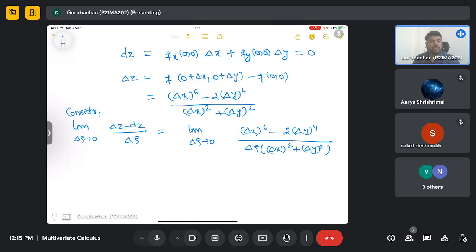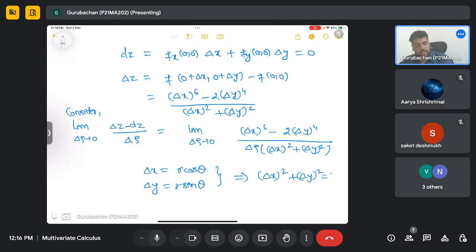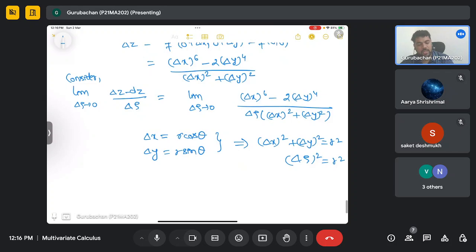Since we need to check this limit, we can use polar coordinates: delta x = r cos theta, delta y = r sin theta. So delta x^2 plus delta y^2 is nothing but r^2, and we know that delta rho is also the same, so delta rho will be r.